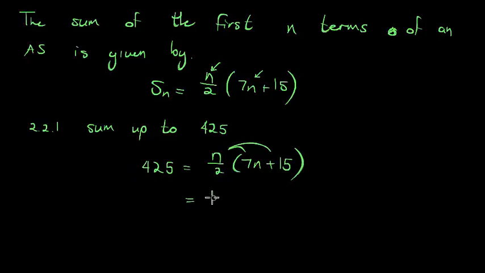Then I'm going to get 7n squared plus 15n, and then on the other side, this is going to be a positive answer that I'm just going to subtract on this side. If that is multiplied twice, it gives me 850.